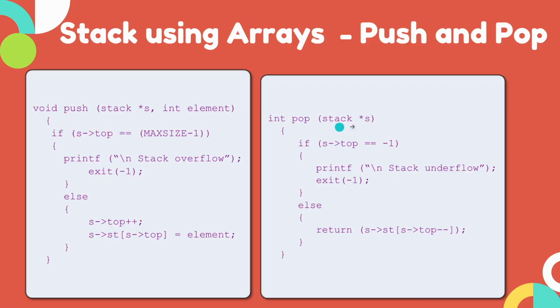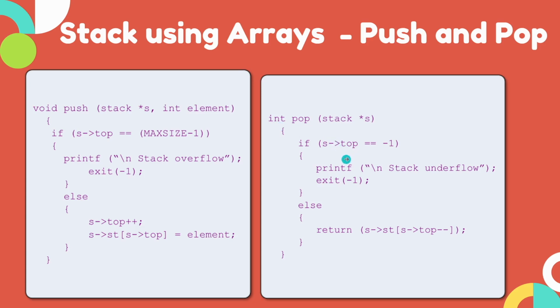And if I want to do a pop operation on a stack, here you could see that just having stack as an argument is sufficient, and the function has a return value of integer. We are going to return the element that is being removed from the stack, that is why we have fixed the return type as integer.